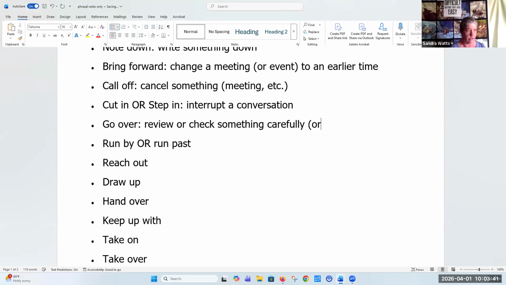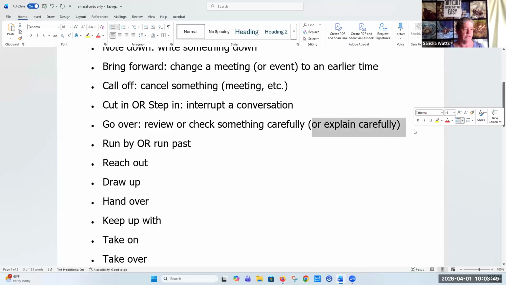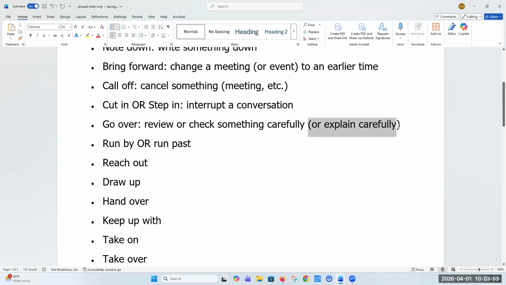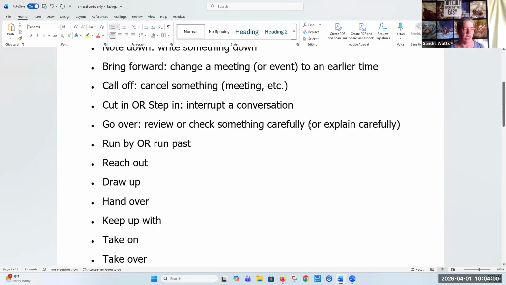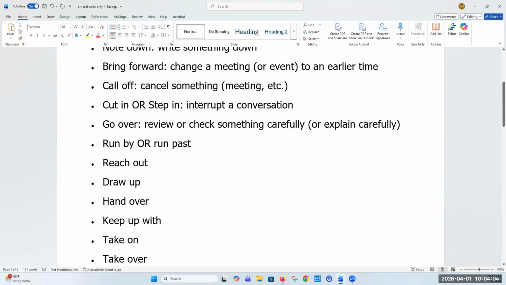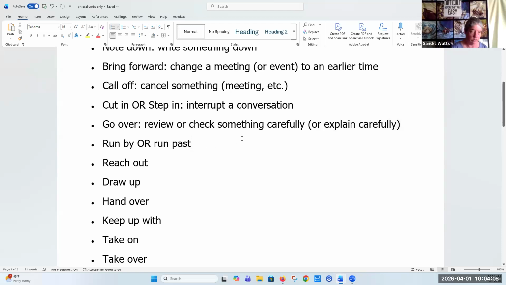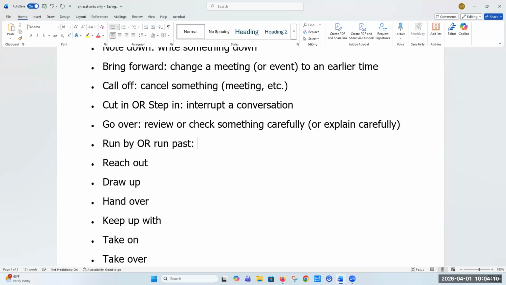I'll put that in there as a note. I might add that one to Canvas because that is another way that we use it. At the end of class every day, I try to go over the pages in Canvas. Review, explain. Good.